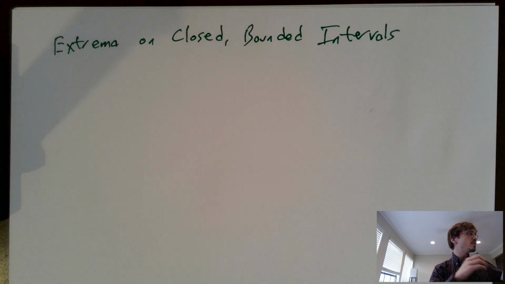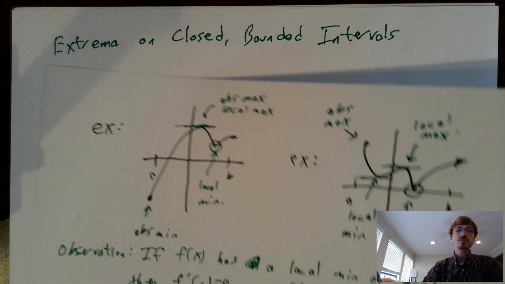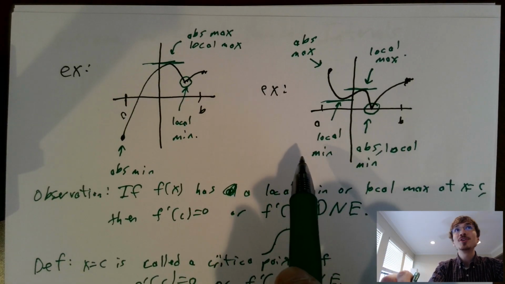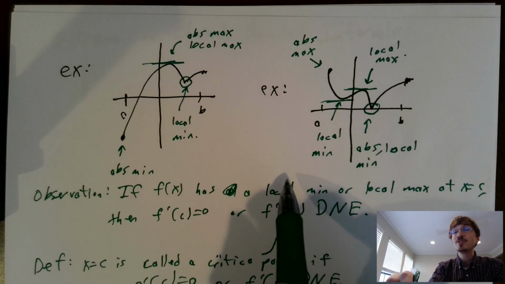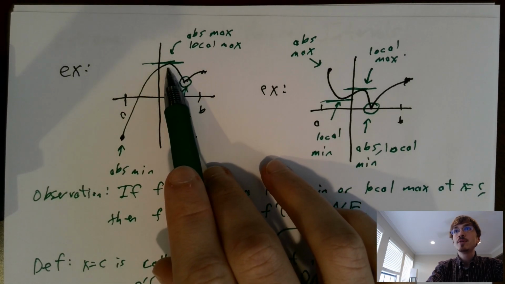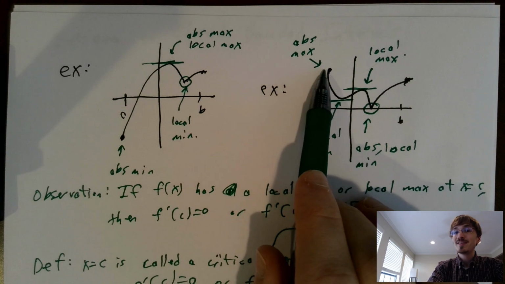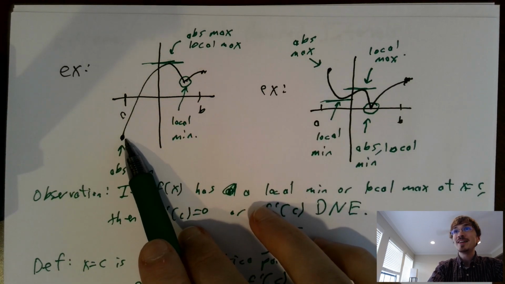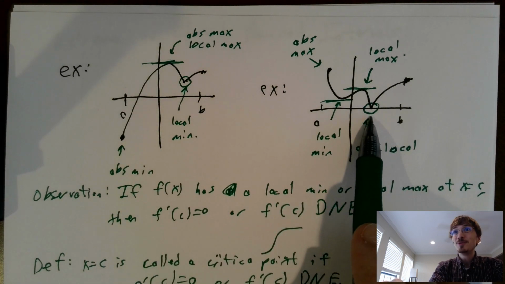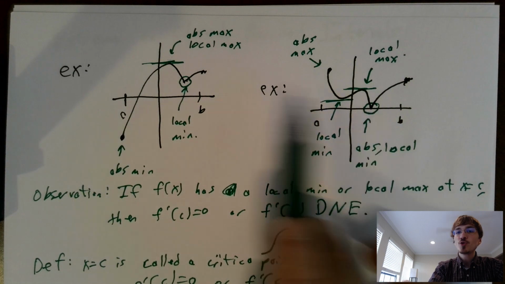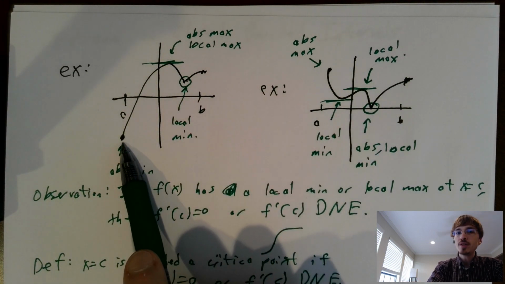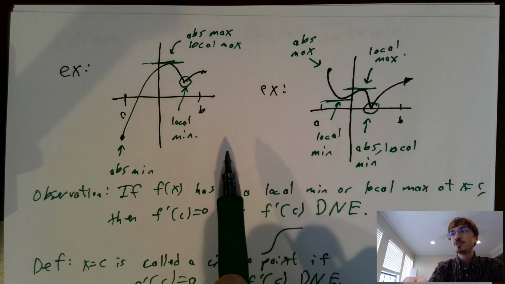Let's look back at a previous problem. Where did the absolute minimums and absolute maximums occur in these pictures that we've drawn? We see one occurred at a local maximum, one occurred at an endpoint. One absolute minimum occurred at an endpoint, another absolute minimum occurred at a critical point, right? So critical points could be absolute mins and absolute maxes, and endpoints could be absolute mins and absolute maxes.